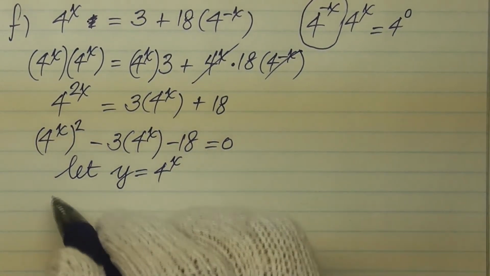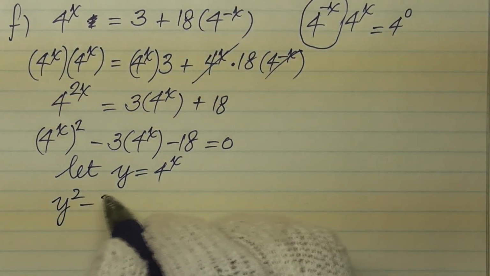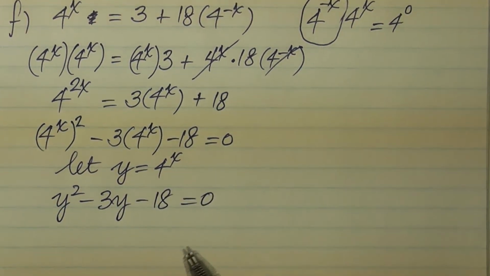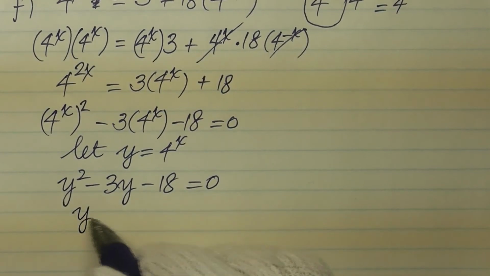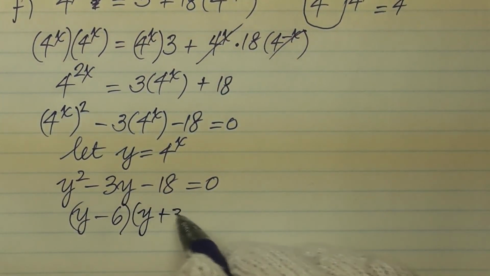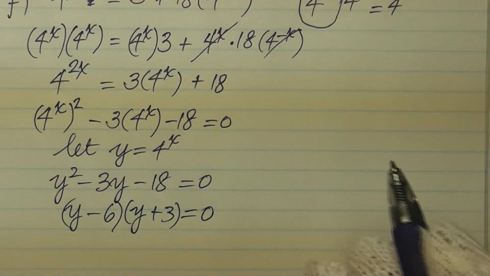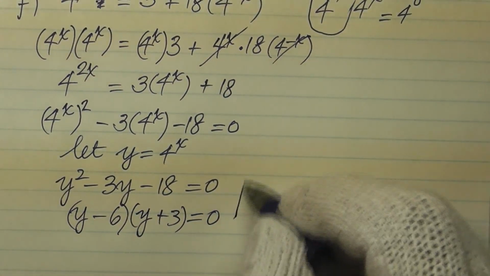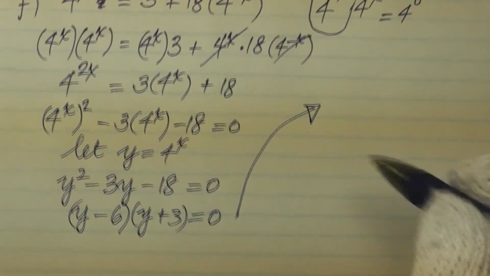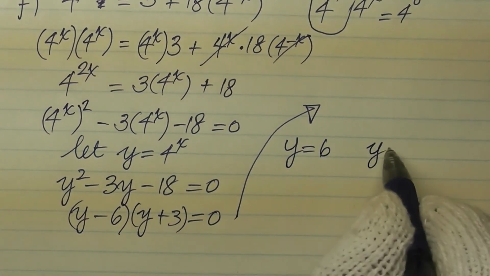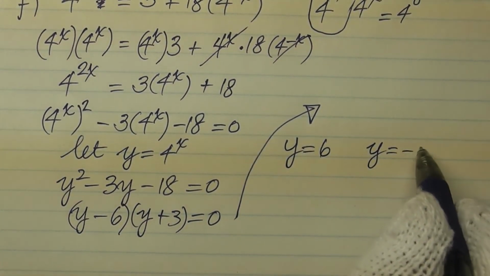Then what I've got is y squared minus 3y minus 18 equals 0. y minus 6, y plus 3 equals 0. This tells us that y is equal to 6 or y is equal to minus 3.